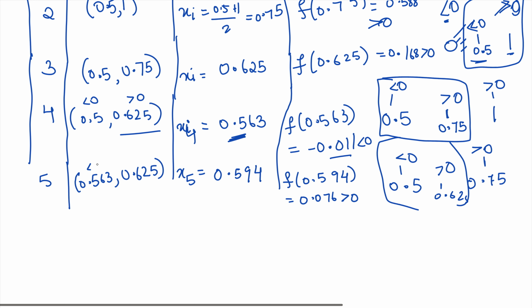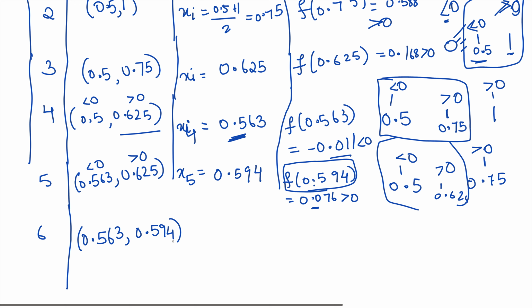Okay, so this was giving us less than 0, this was giving us greater than 0, and the middle number is also giving us greater than 0. So we know this middle number we will obviously include, but since this is greater than 0, we will include another number which is less than 0. So our next interval would be less than 0 is 0.563 comma 0.594.